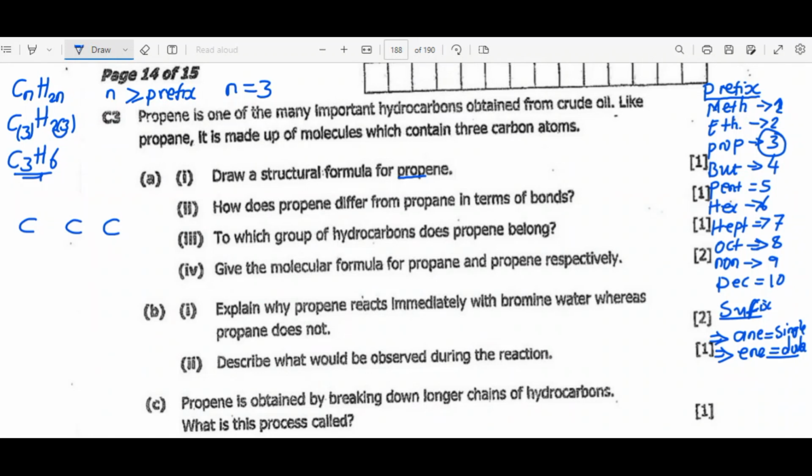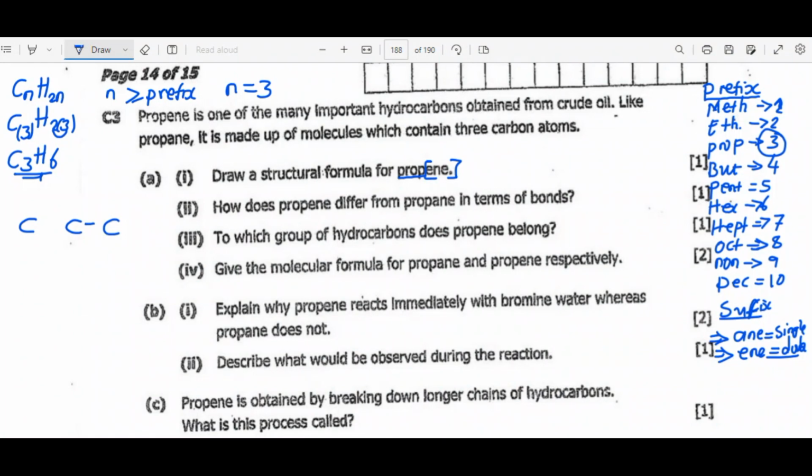Now for this one, since we have ene, remember, we said we need to have at least 1 double bond. The 1 double bond can be written, not can, but is written between any two carbon atoms.